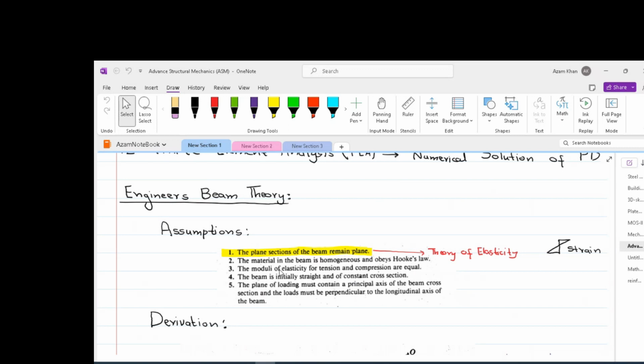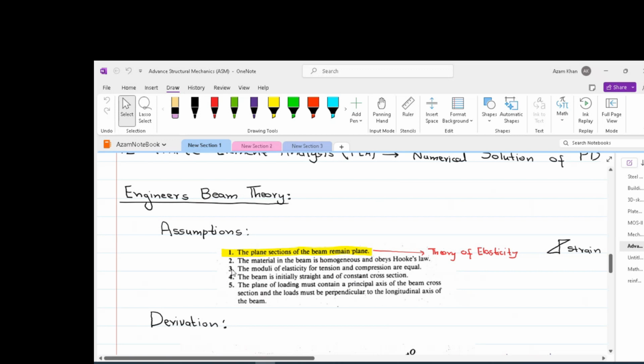Assumption 5 says that the load applied should be perpendicular to the longitudinal axis of the beam. Longitudinal axis is that axis which is along the span of the beam. Also, the load should be applied at the centroid of the beam so that there isn't any twisting. Assumption 5 will be further discussed and elaborated shortly.